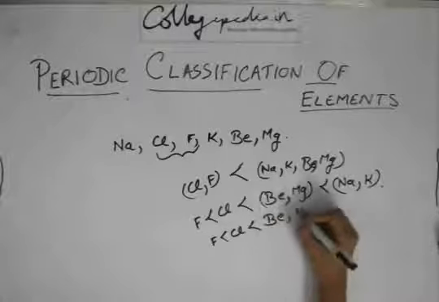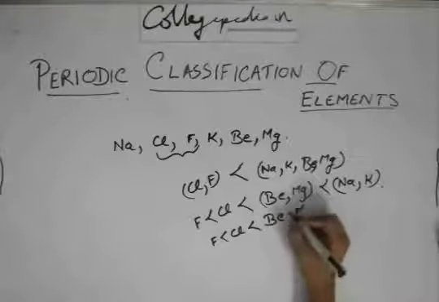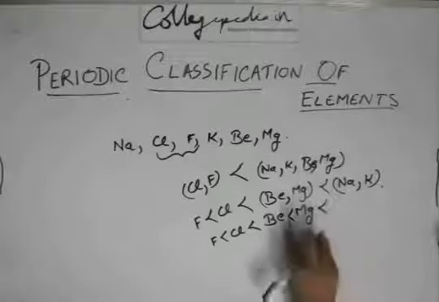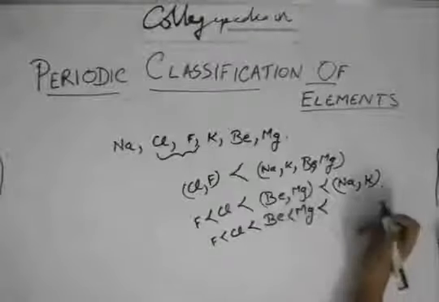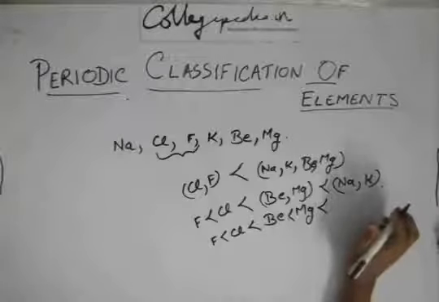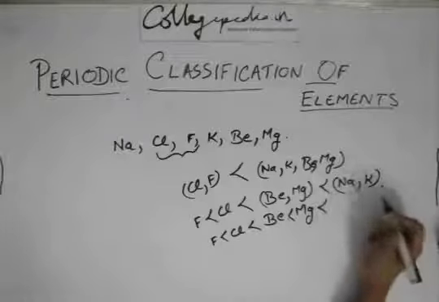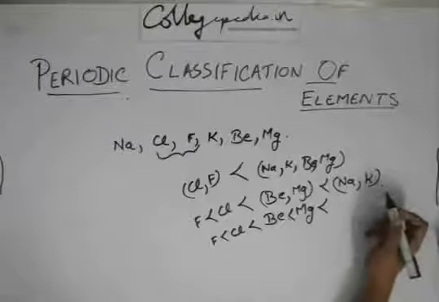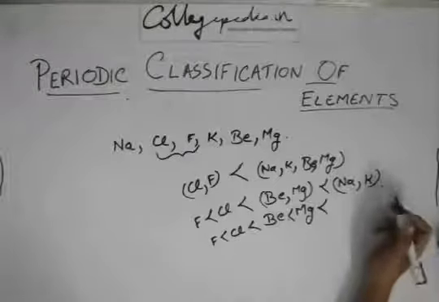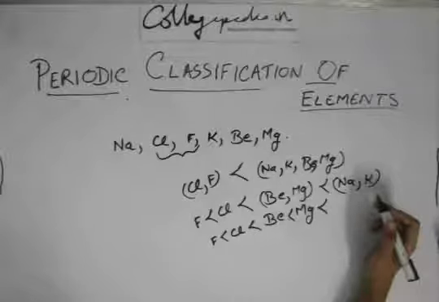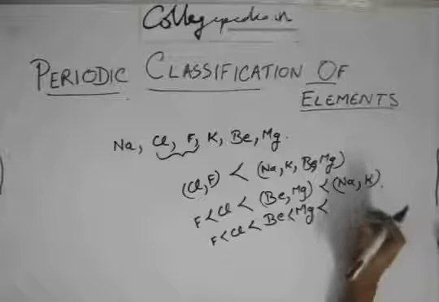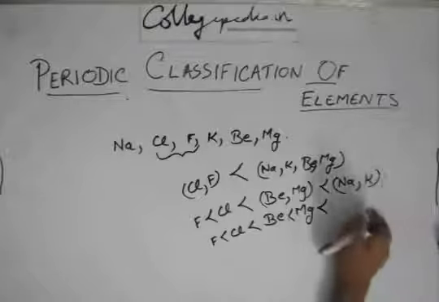So beryllium, then magnesium, and then you have sodium and potassium. Now sodium and potassium: sodium lies higher in the group, so sodium would be less metallic because it is smaller.